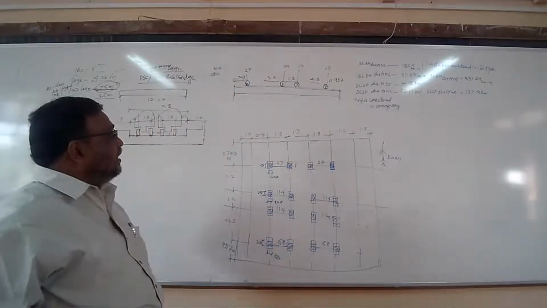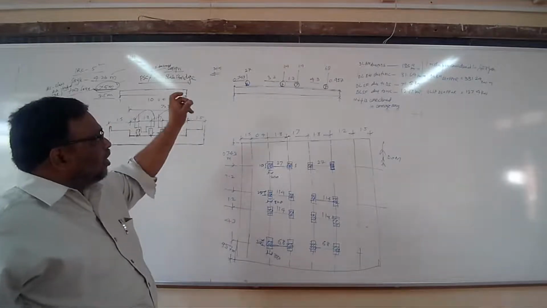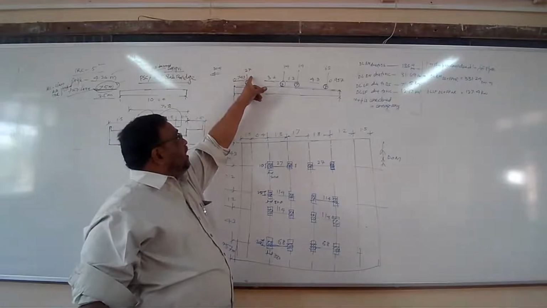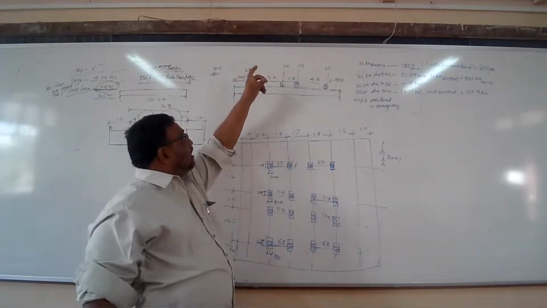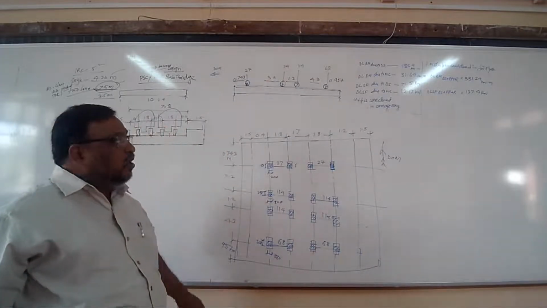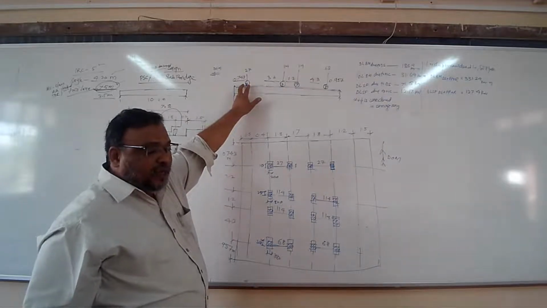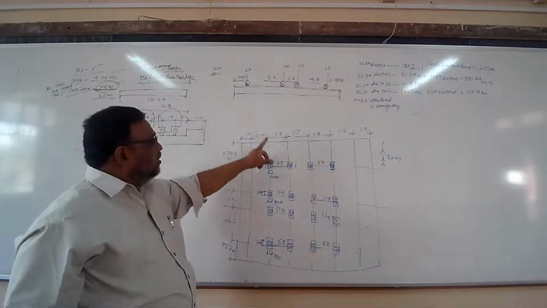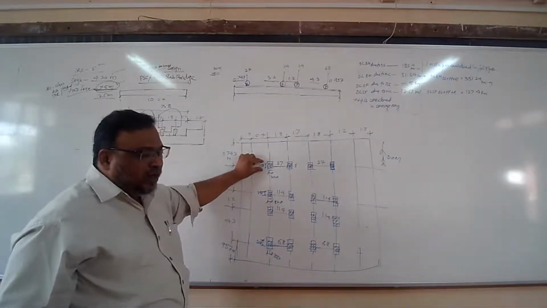How much is the contact length in the direction of motion for a wheel which is provided for an axle which is transferring 27 kilonewton axle load? What is the contact length of this wheel? कितना distance contact में रहेगा? So how much is the wheel which is in contact?